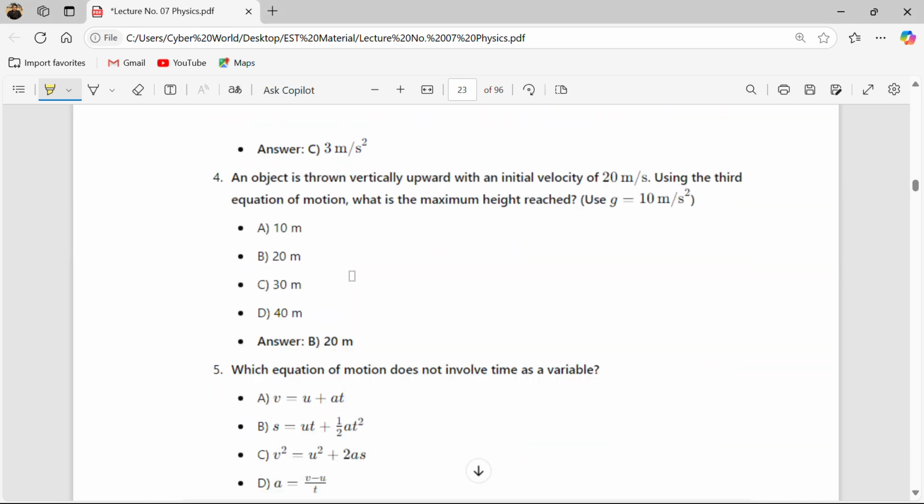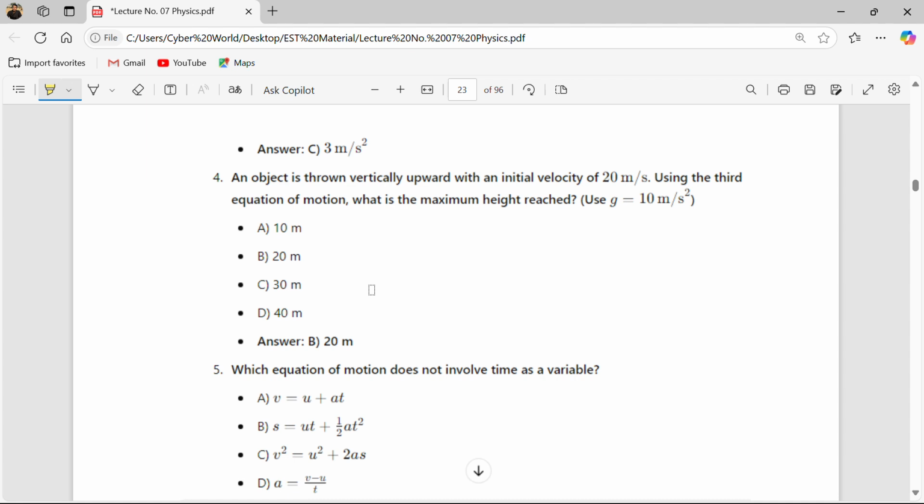An object is thrown vertically upward with an initial velocity of 20 meters per second. Using the third equation of motion, what is the maximum height reached?